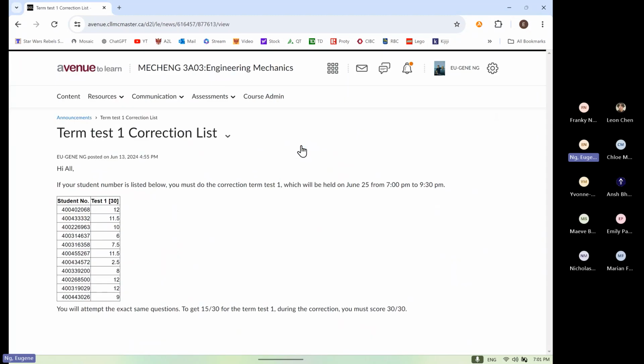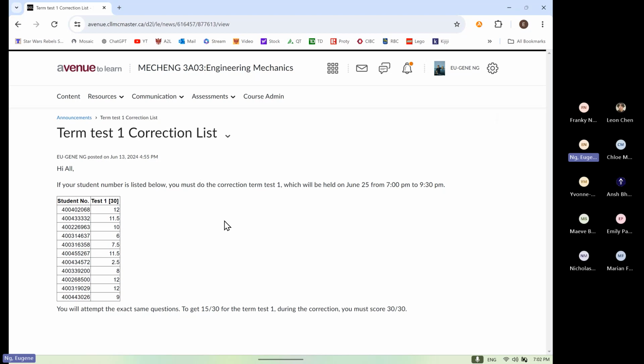If your student number is here, you have to write the correction, which will be held on June 25th. Let me check the date to be sure again. Yeah, it will be written on June 25th from 7 p.m.